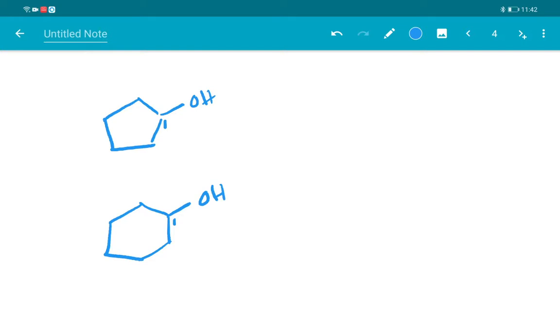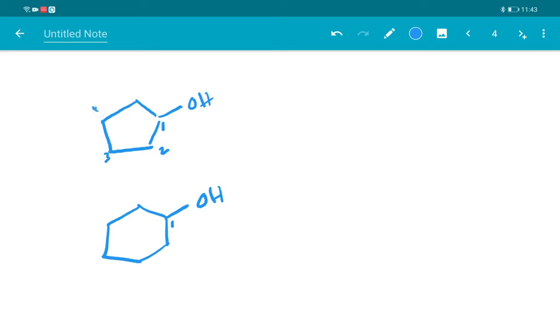And then you can do the numbering clockwise or anti-clockwise. Okay, untuk cyclopentane ni saya buat clockwise, while for cyclohexane I'm doing anti-clockwise. So mana-mana pun boleh, depends on the position of your substituent. Okay, buat masa ni sekarang kita tak ada apa-apa substituent.